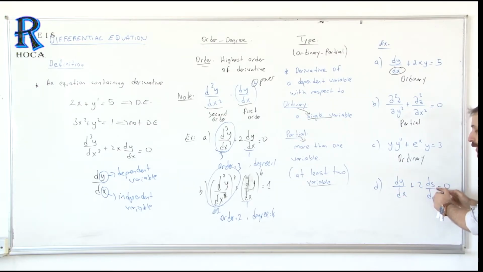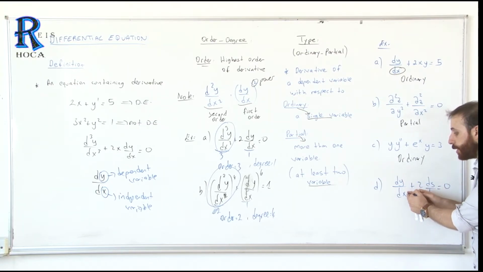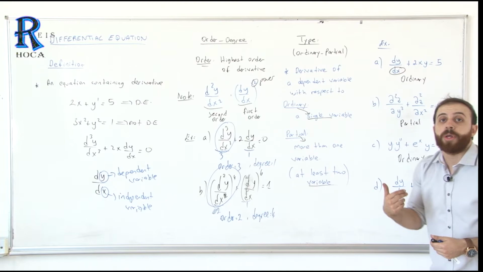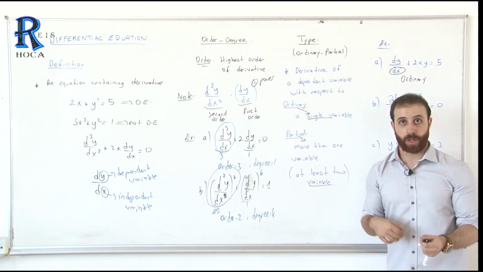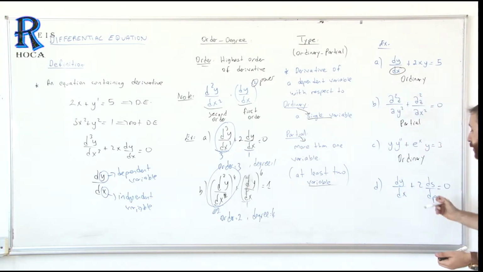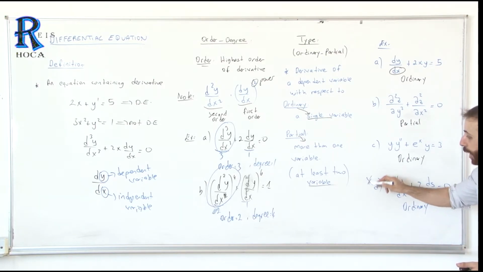For s, with respect to p, is there any other s with respect to another variable? No, there is none. s with respect to a single one, y with respect to a single one. So all of them are single variable derivatives for us. That's why this is ordinary.